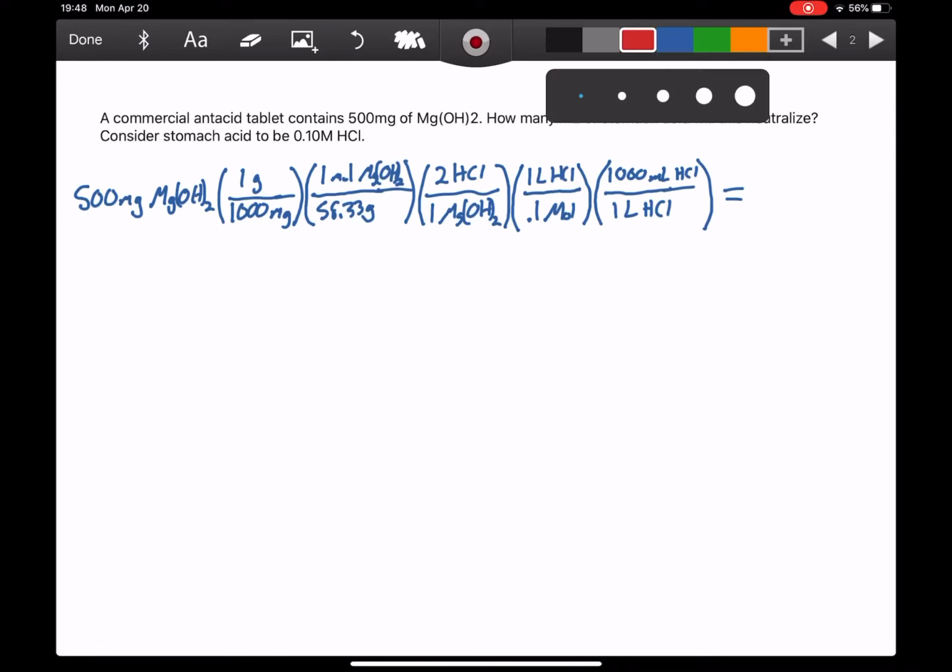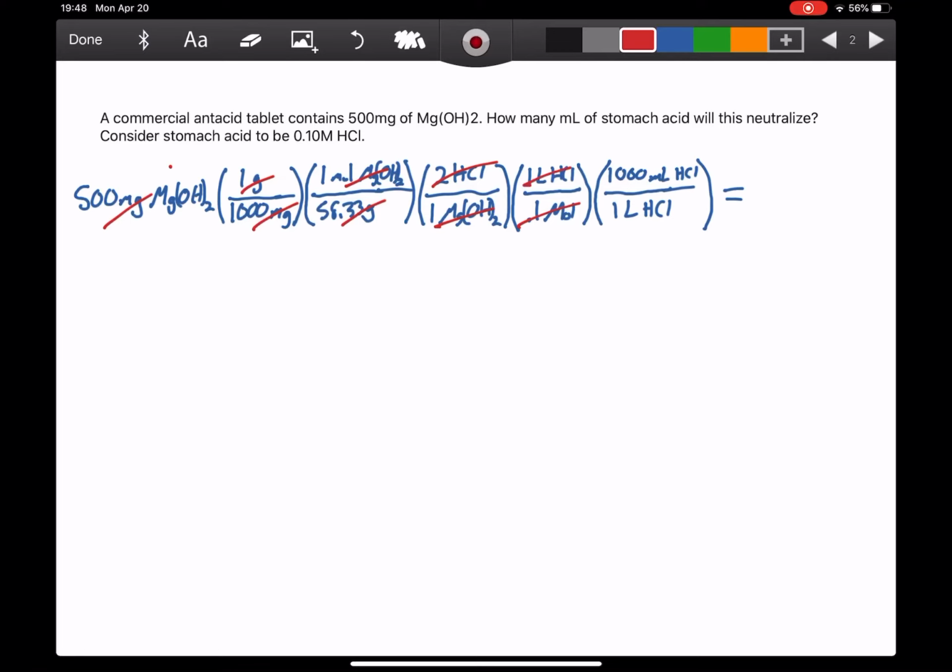Now if we go ahead and look at our units, we're going to see that milligrams is going to cancel and we're left with grams of magnesium hydroxide. Now grams is going to cancel and we're left with moles of magnesium hydroxide. Well, now we have moles on top here, moles on bottom here. Those are going to cancel. We're left with moles of HCl. Now moles of HCl are going to cancel and we're going to be left with liters of HCl.